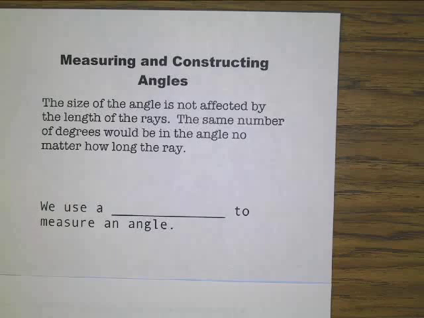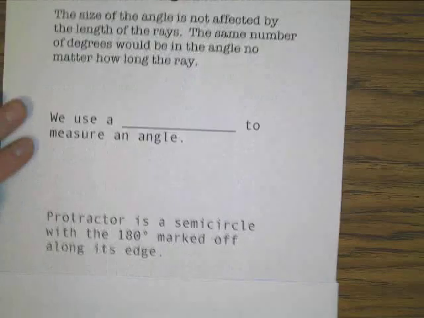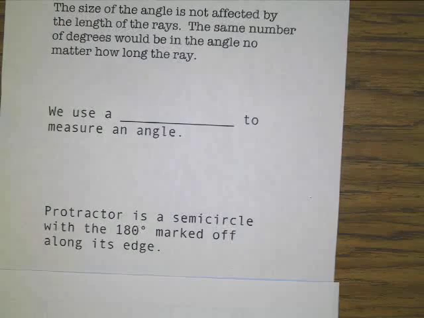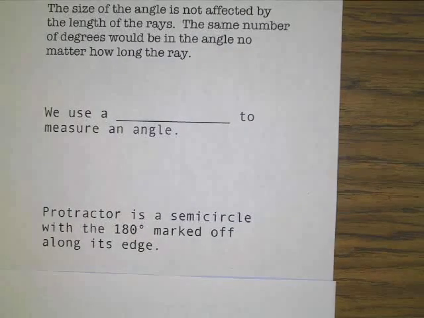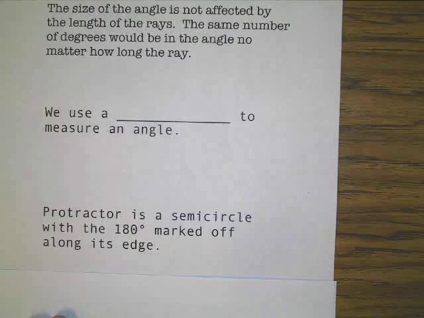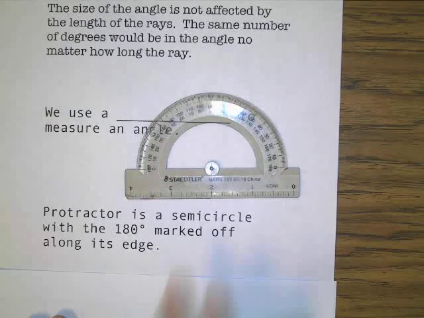And Kelly, can you tell us what we use to measure an angle? Say it loud. A protractor. And Caitlin said yesterday it's a half of a circle, and that's correct. It's a semicircle, and it has markings in degrees along the edge. Here is a protractor.